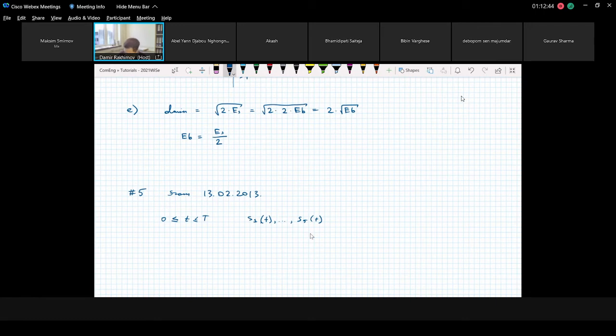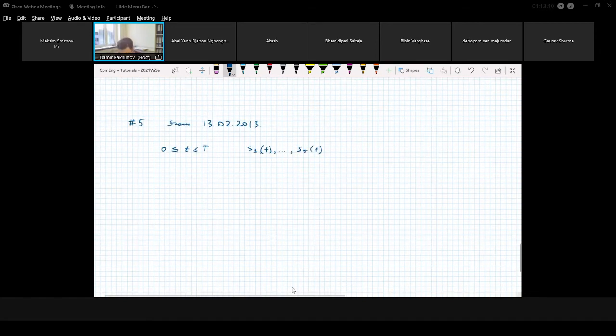These signals can be represented by means of the signal vectors S1 to S5 and the basis functions. It's specified that you have only two basis functions, psi1 and psi2. According to the figure, only one of the two orthonormal basis functions is known.